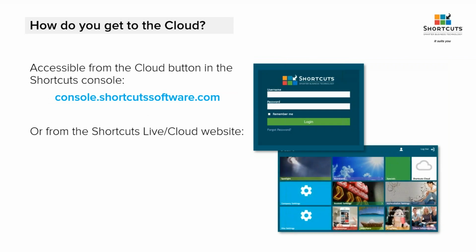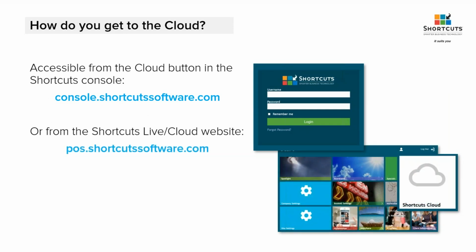So how do you get to the cloud? If you've used Shortcuts online services in the past, you should be familiar with the console. So that's console.shortcutsoftware.com. Your username or your staff's username is usually an email address. And then you would have had a randomly generated password, and hopefully you've changed your password by now.